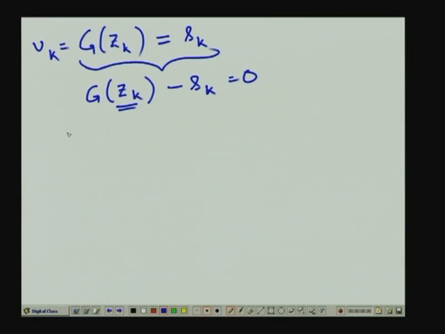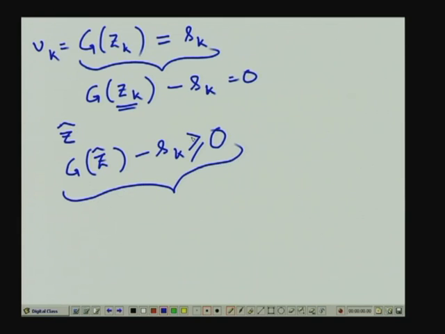So, what we do is, we initialize the value of Z k to some value, say Z hat, and try to iterate on this Z hat until a condition like G Z hat minus S k is greater than or equal to 0 is satisfied. Until then, you go on iterating, incrementing the value of Z hat by 1 at every iteration.